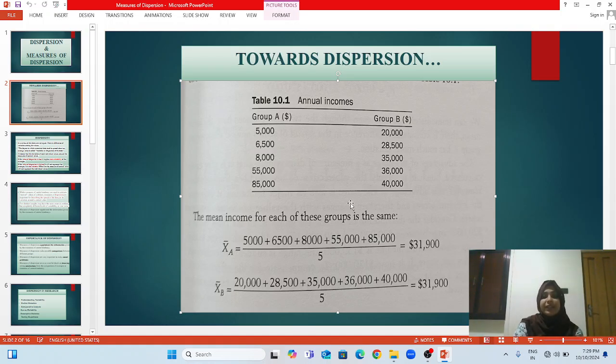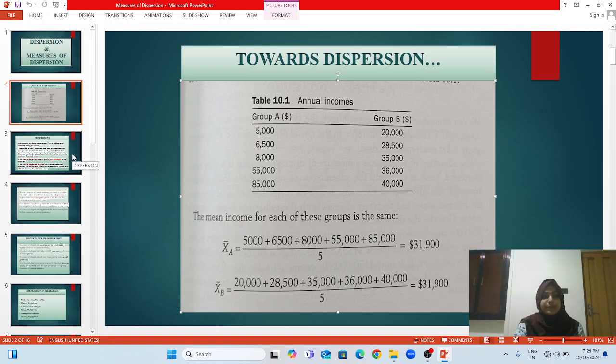So, when the data is biased, there is the necessity of representing individual data, or to see how the data set is spread around a mean value. So, this is the reason for the emergence of the concept of dispersion.